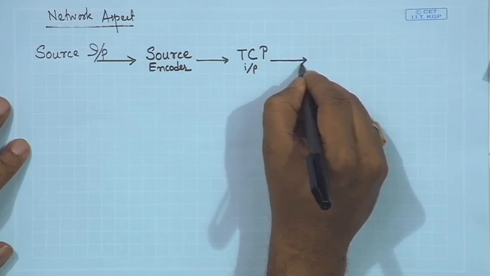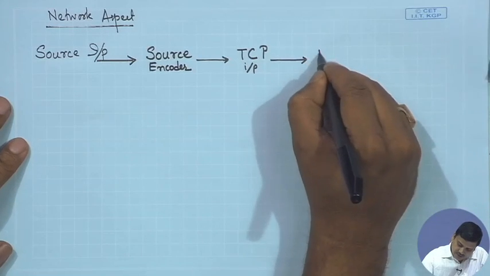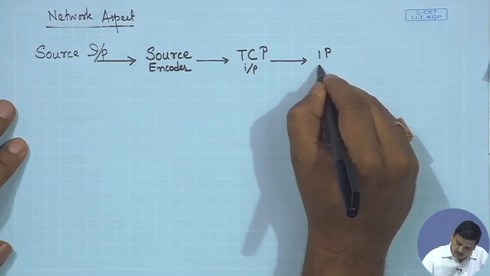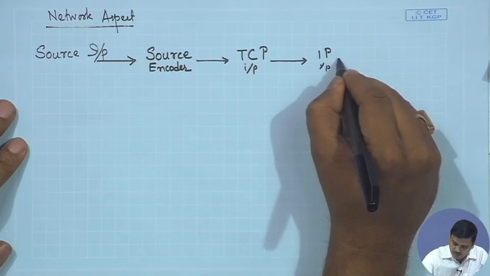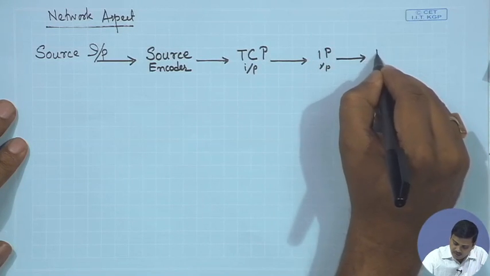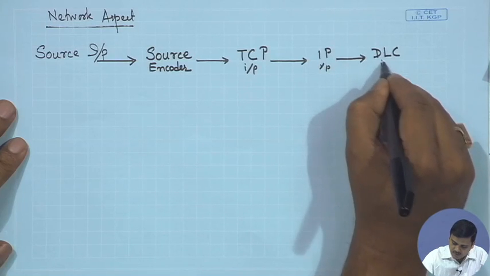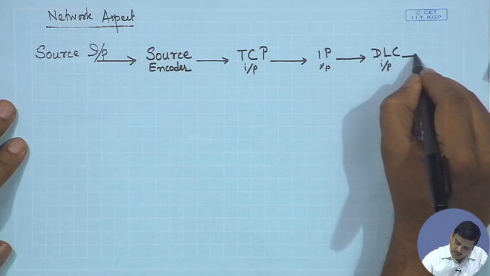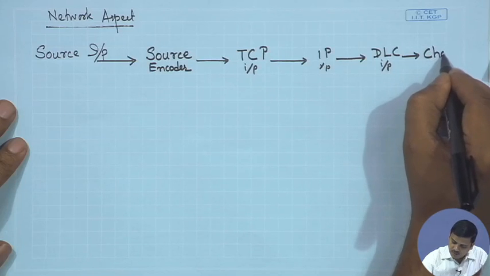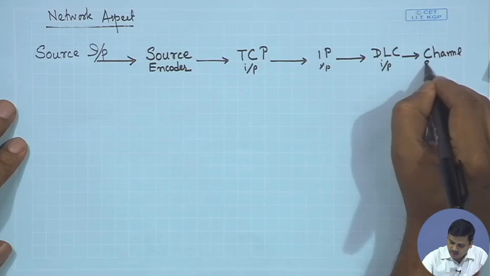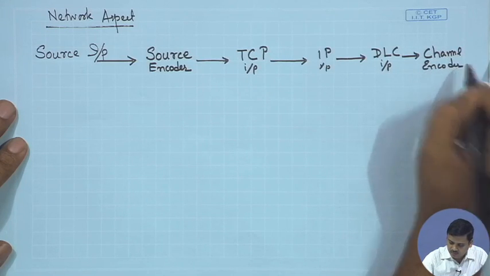So from the TCP, you again have an interface to the internet protocol, which is again the input. Then again you have the data link controller input, and finally it goes to the channel encoder, right.